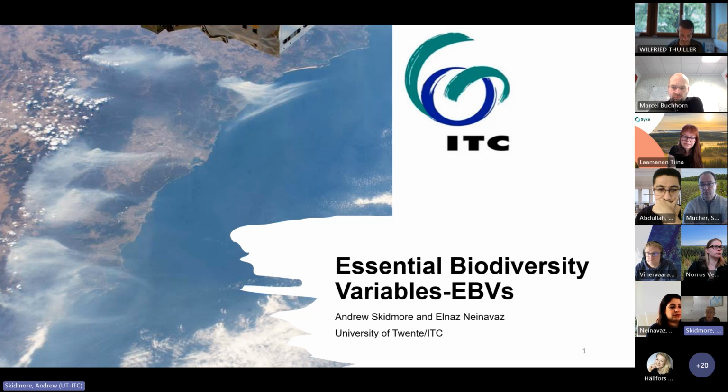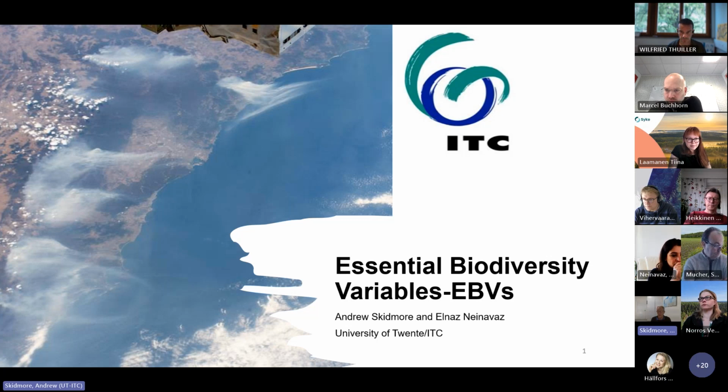I think this is quite important because we're already seeing a lot of terms being used by colleagues, calling things essential biodiversity variables and calling other layers biodiversity information and so on, and it gets a little confusing because I think quite a useful formal structure has now emerged around the use of these terms. So we'll try this morning to go through these quickly and get that straightened out.